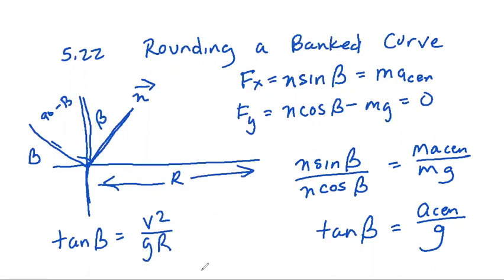And so now my beta is going to equal tan inverse of v squared over g r. Do I have values there? No, I don't. I guess they didn't give me values, so we'll leave it at that.